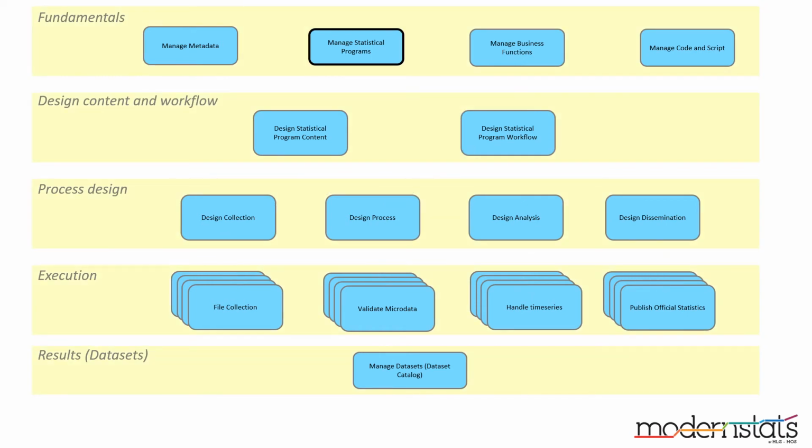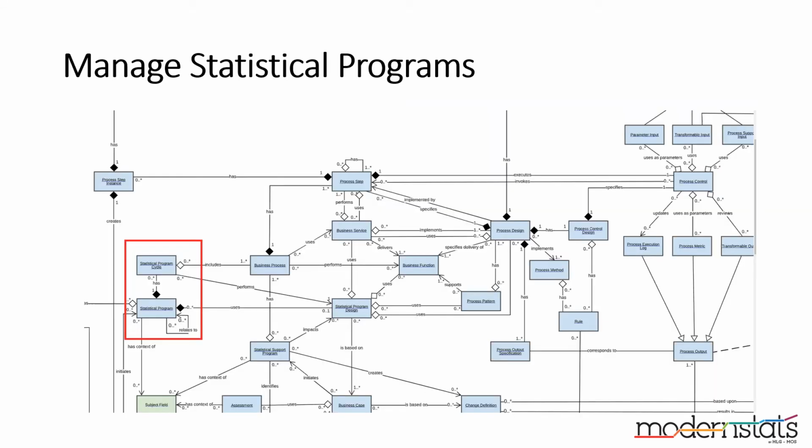And now we're going to take a look inside these capabilities and what we will find regarding GSIM information. So we start with this one, manage statistical programs. I guess it's one of the easiest ones to see what it handles. It handles the statistical program object and the statistical program cycle objects.